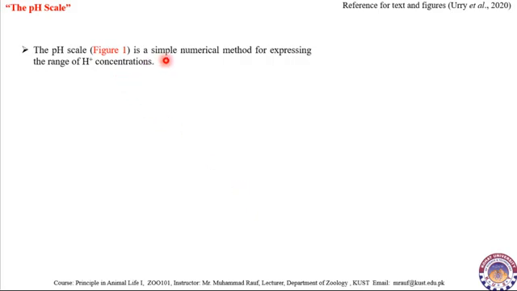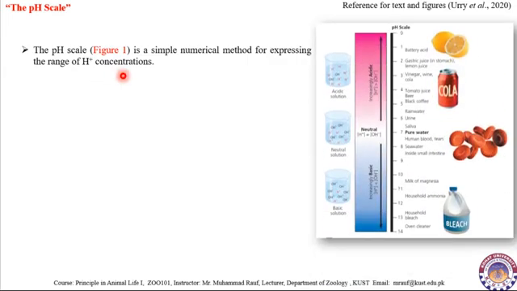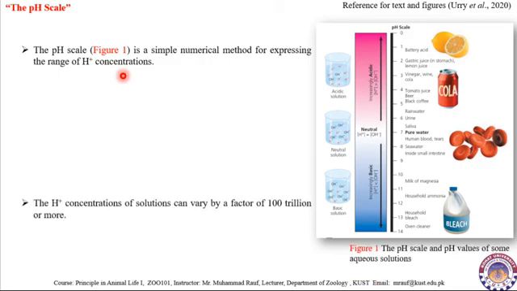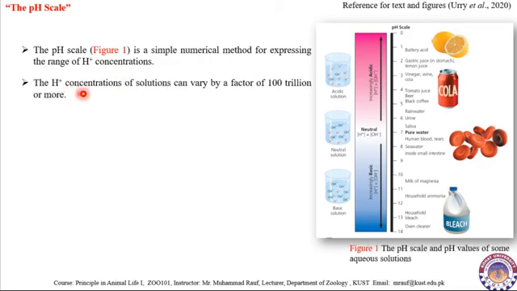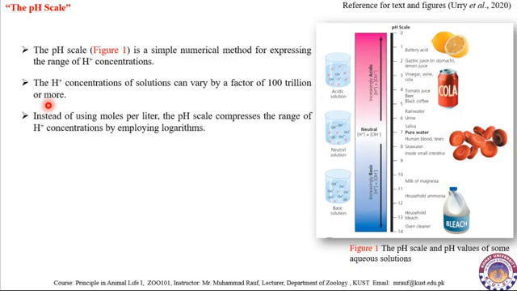Now the pH scale is a simple numerical method for expressing the range of hydrogen ion concentration. The hydrogen ion concentration of a solution can vary by a factor of 100 trillion or more. Instead of using moles per liter, the pH scale compresses the range of hydrogen ion concentration by employing logarithms.